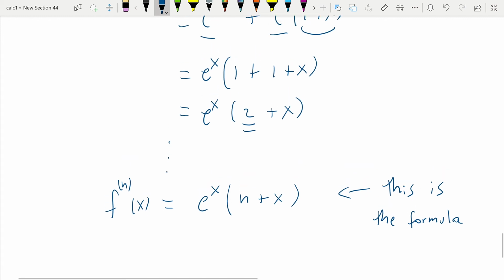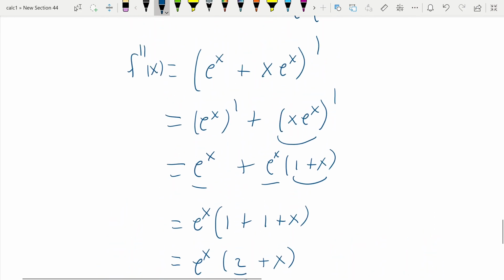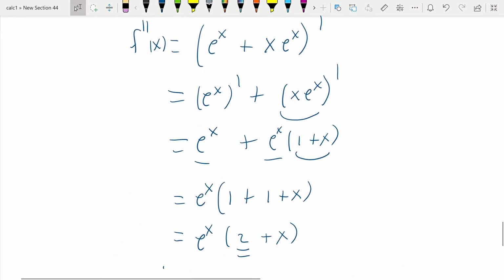And you see, the reason why is because you will be able to break the derivative as the derivative of e to the x. I mean, for step 3, when we differentiate 3 times, e to the x plus e to the x times 1 plus x, which is a derivative you already computed, which will be what we have here at the bottom.